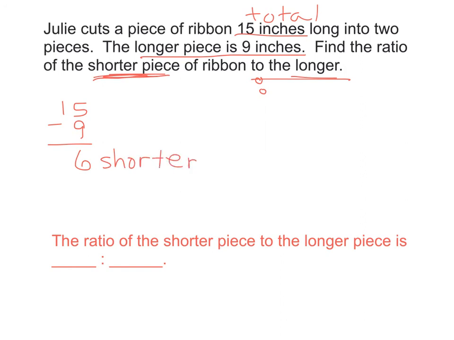Now I know the shorter piece is 6, and that's what has to go first, so I'll put my 6 in first, and it was to the longer, and my longer piece is 9, so 6 to 9. I see that those both divide by 3, so I'll divide them by 3 for a final answer of 2 to 3. Don't forget to always put everything in lowest terms.